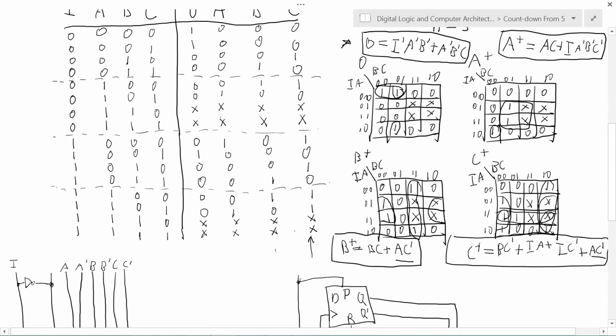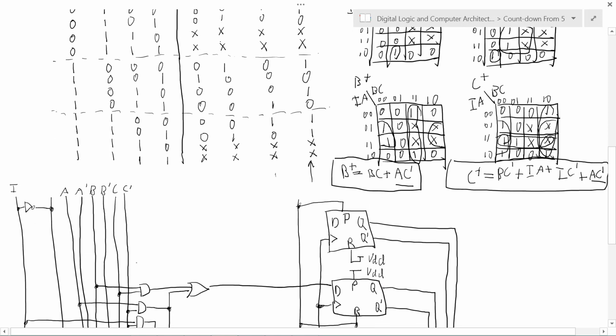What about A plus? AC, I, A prime, B prime, C prime. Yes, that is the condition where we have the singleton. AC, A, C, and then we need a 4 input AND.